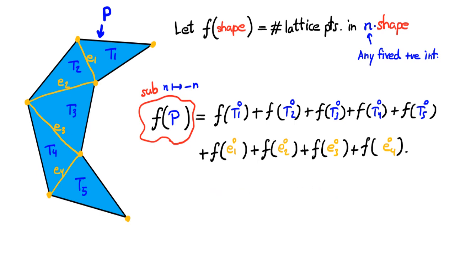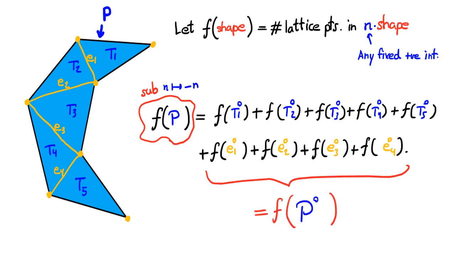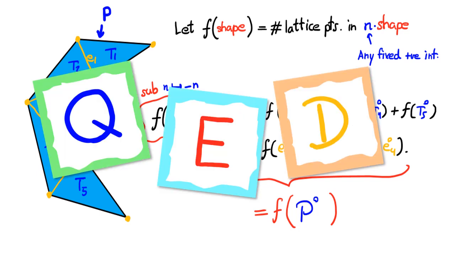And there we go. What we have here on the right side is the number of points in the interior of n times p. So our proof is complete.